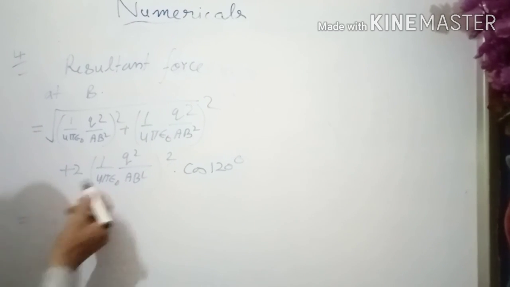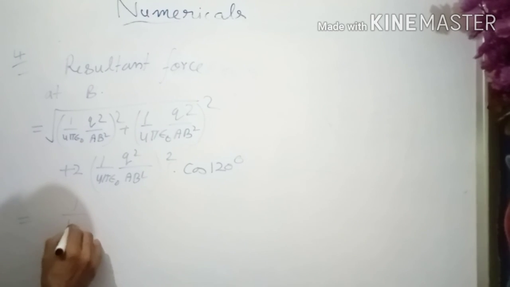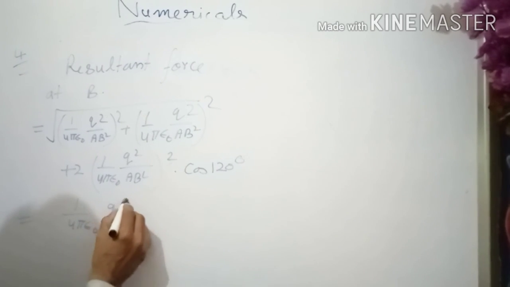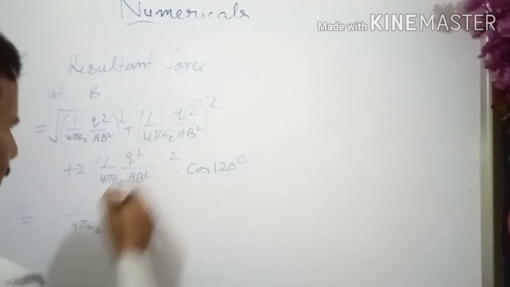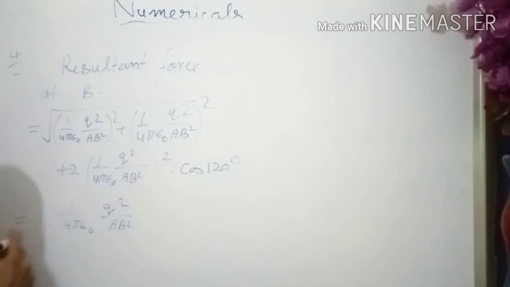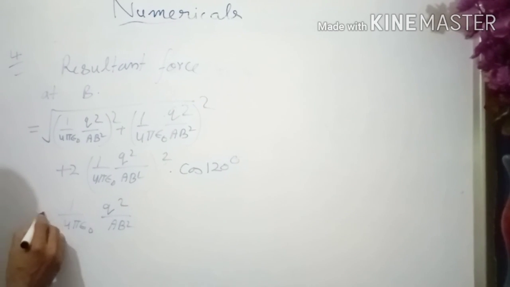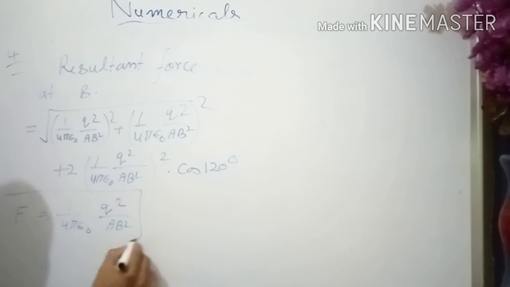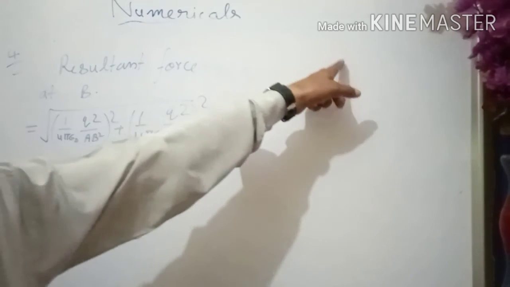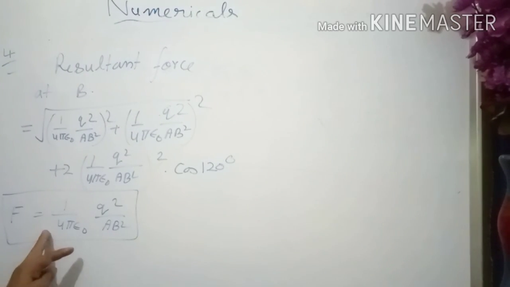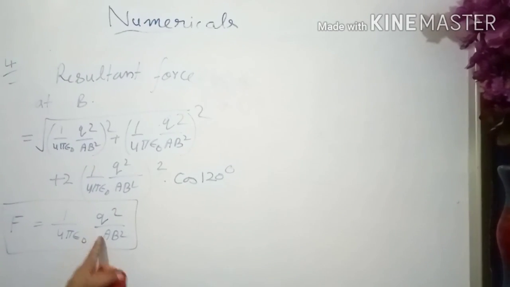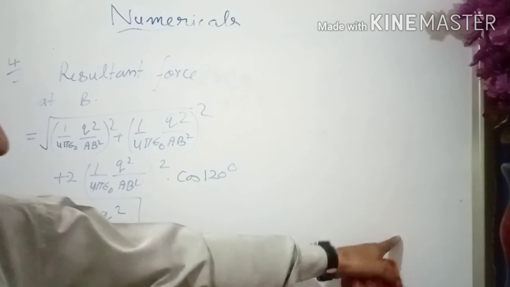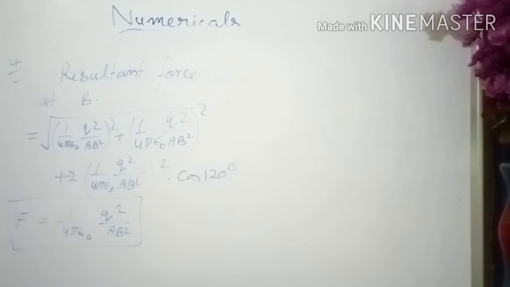Now when you will solve it, taking out, you will get 1 upon 4 pi epsilon naught Q square upon AB square, as in the previous question. So force at B is this much. In the same way you can calculate the force at A. All will have the same magnitude, but direction will be different. So this is the magnitude of force acting at B, at A, at C. All the 3 points. Okay, thanks.